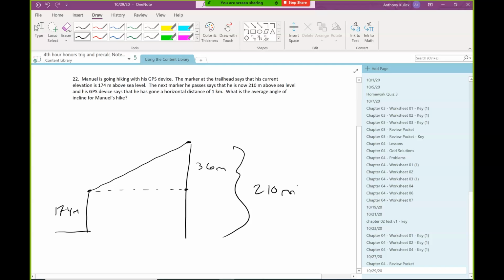It says we've gone 1 kilometer horizontal distance, so that side of my triangle is 1. And we're asked this average angle of incline. So that's going to be our theta. Now there's one little problem with what I've written down here.